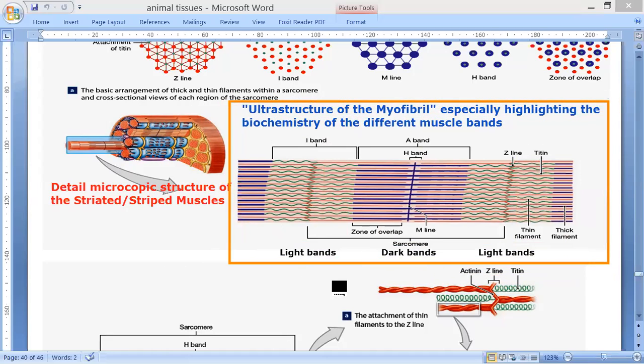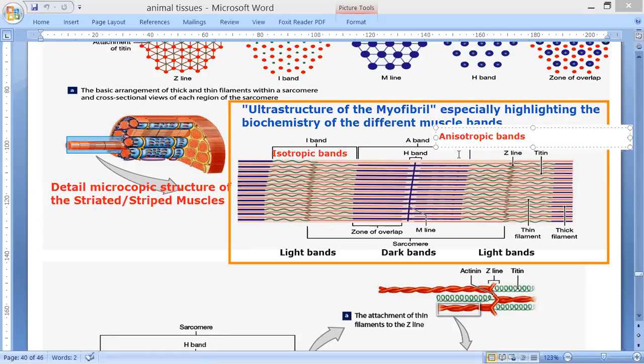So the light band is synonymous with I bands. I stands for isotropic, and A stands for anisotropic bands.